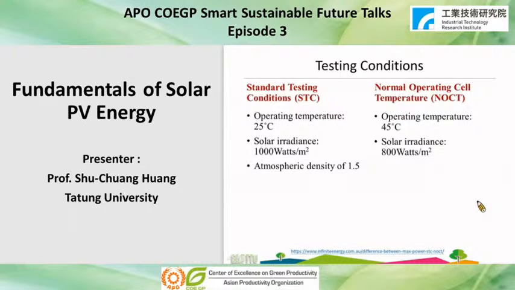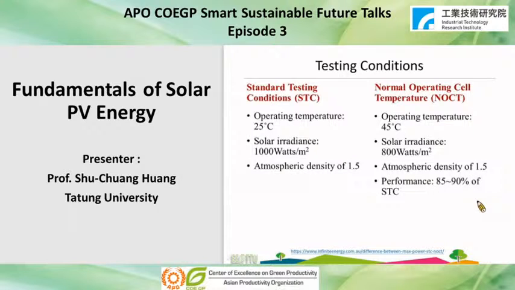And if you consider the cloud and wind, the solar irradiance may be degraded. So the normal operating cell temperature testing condition is defined as 800 watts per square meter, with the same air mass of 1.5.